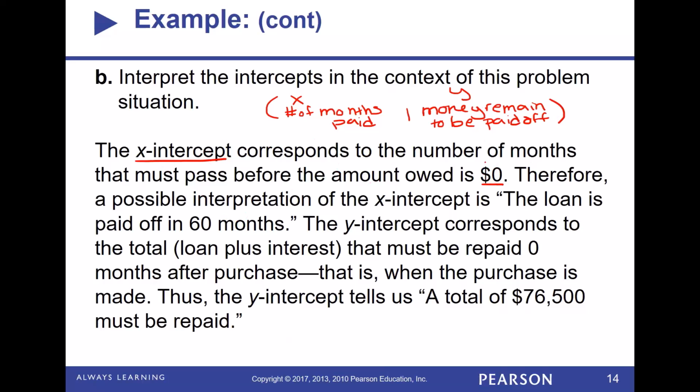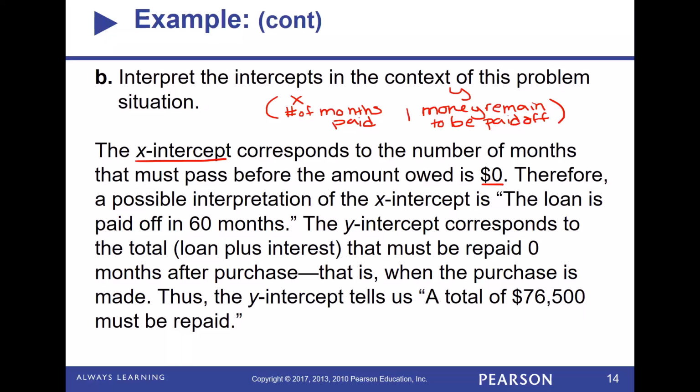So if I was to write this in a paper or present this to a company, I would be able to say, well, the loan can be paid off in 60 months. Meaning I don't owe any money after 60 months, but I have to do 60 months before the loan is 0.